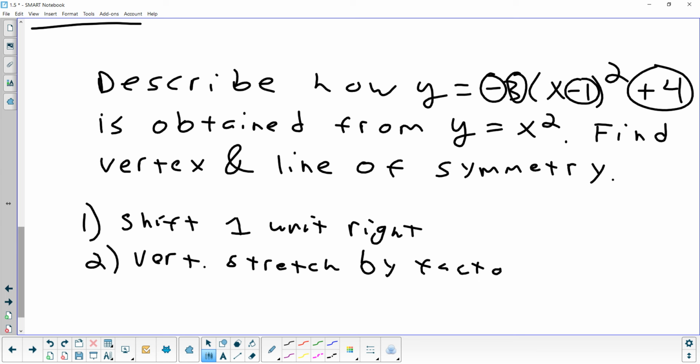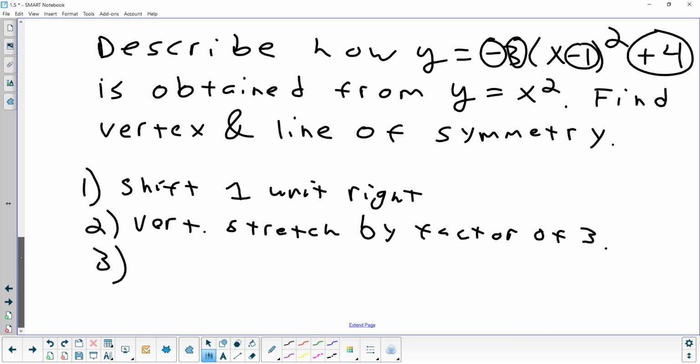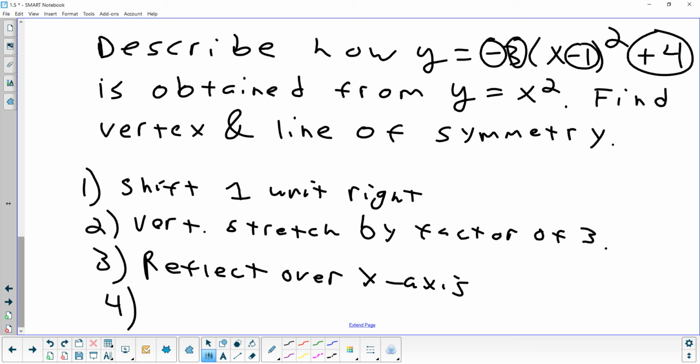Factor of 3. All right. How about my third thing? Yep. Reflect over the x-axis. Reflect over the x-axis. And fourth thing.